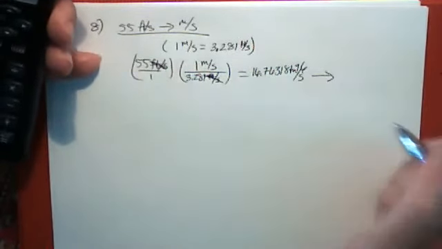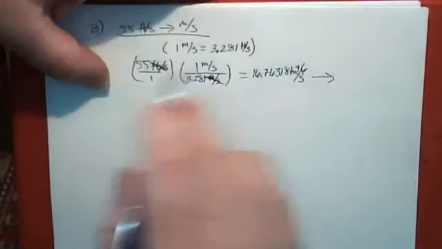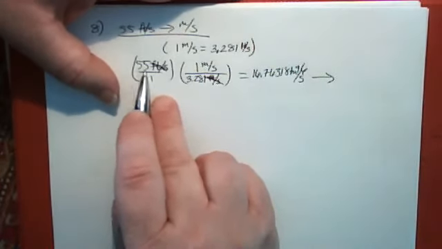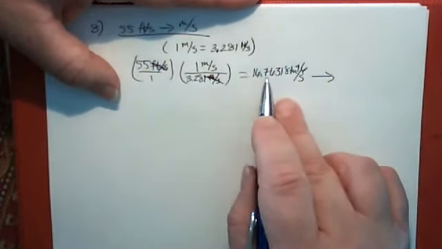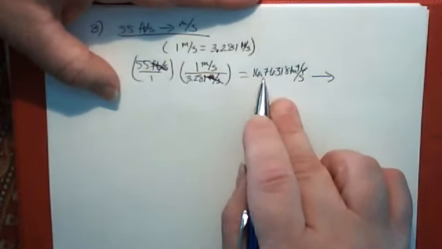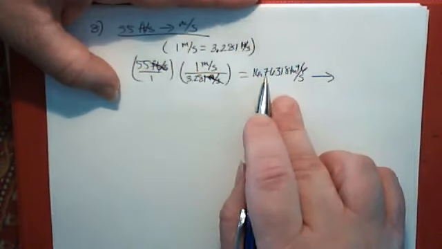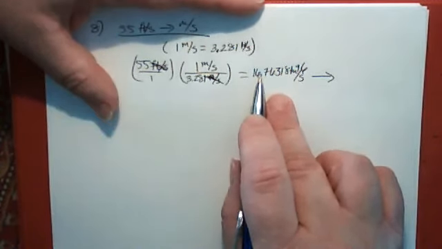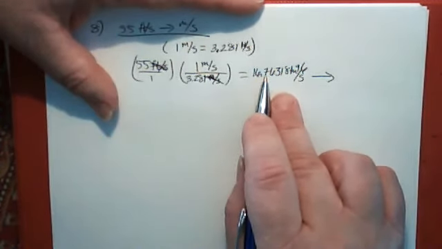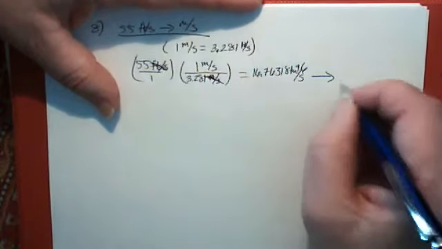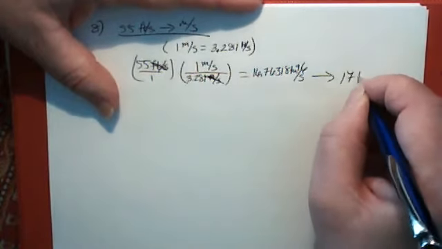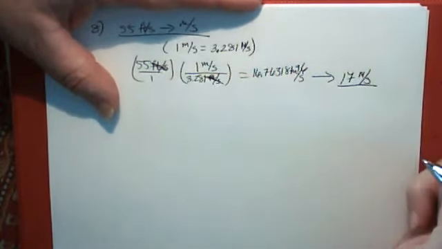Yeah, that's really long, especially considering we're only allowed 2 significant figures because of the 55. So that means the 1 and the 6 can stay, but everything from the 7 on has to go. And the first number we're dropping is a 7, and that means that because it's greater than 5, the number before it has to go up by 1. So that becomes 17 meters per second.